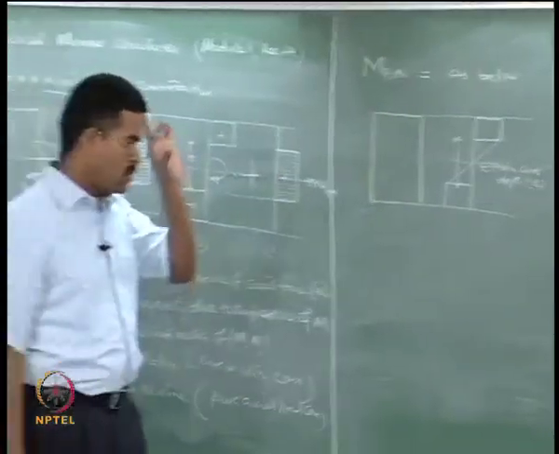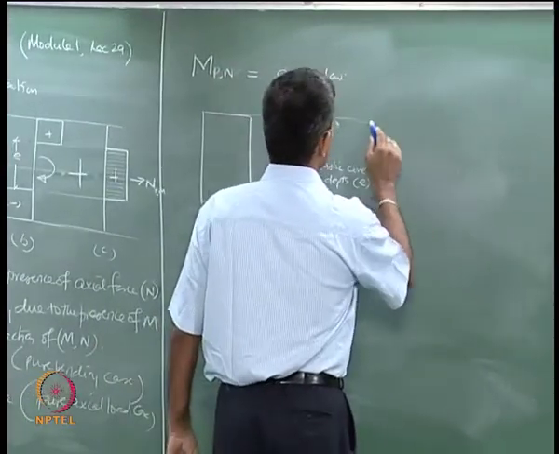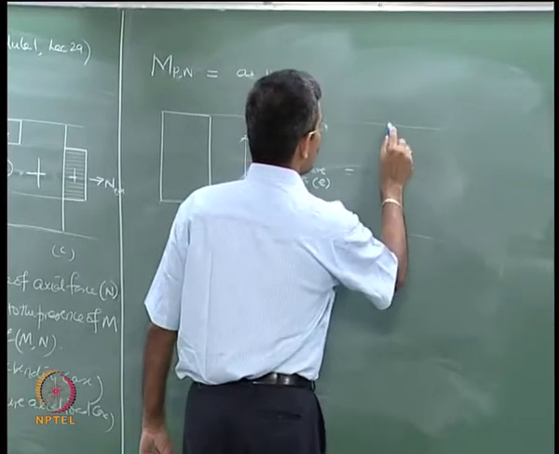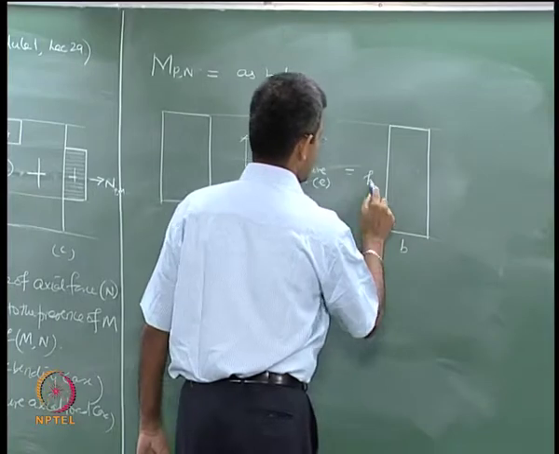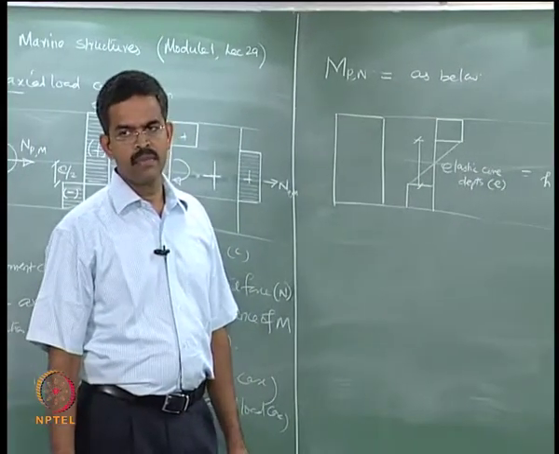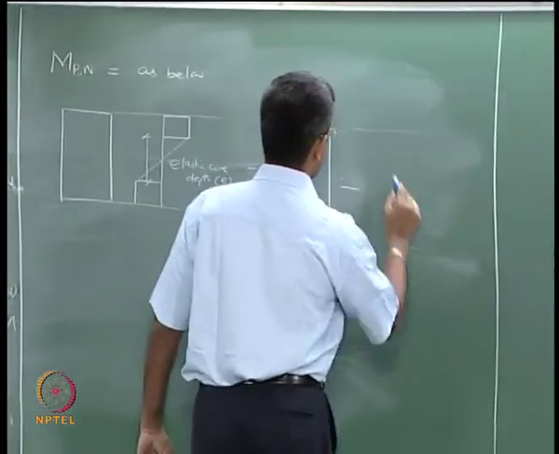Okay. Now I consider this as two parts. One is fully plastic, which is B and H, okay, minus the elastic part.